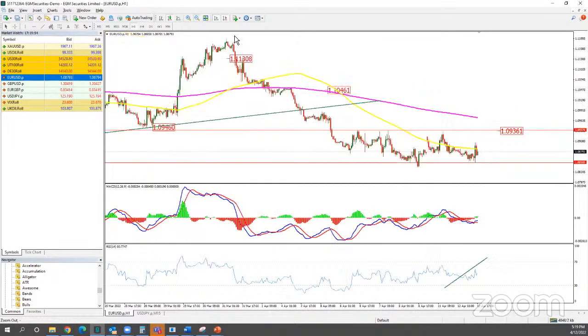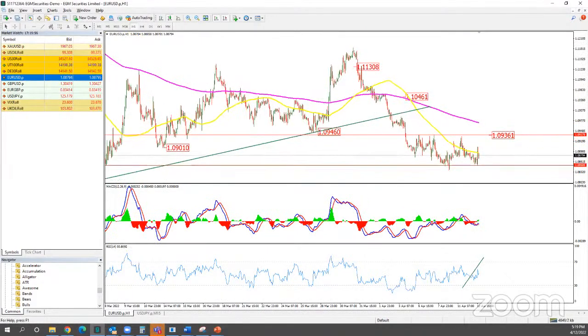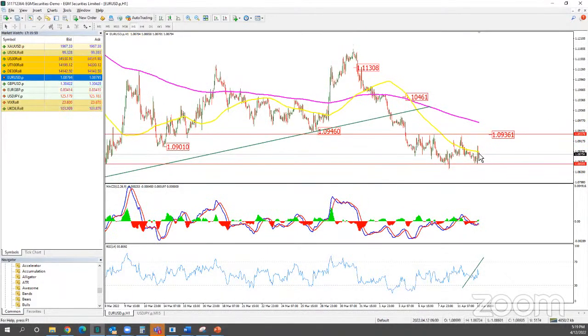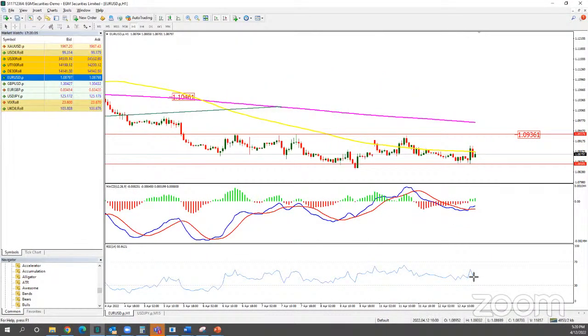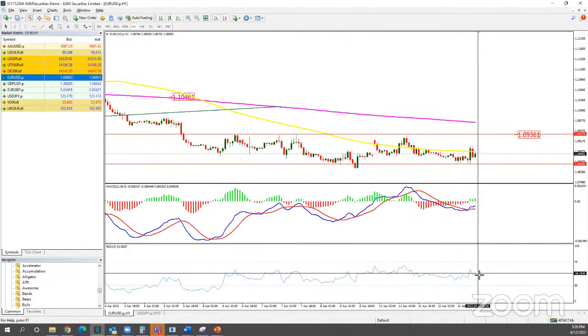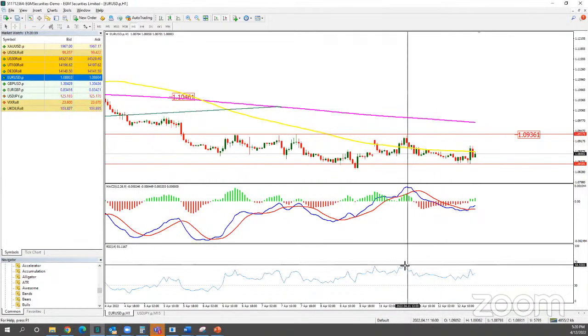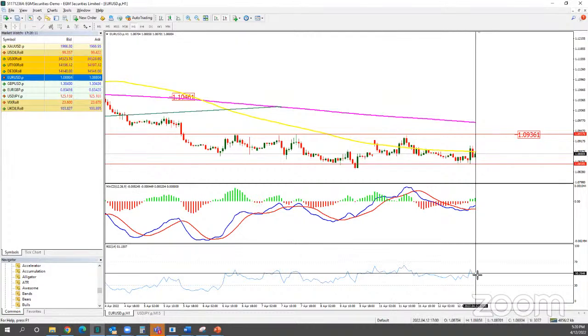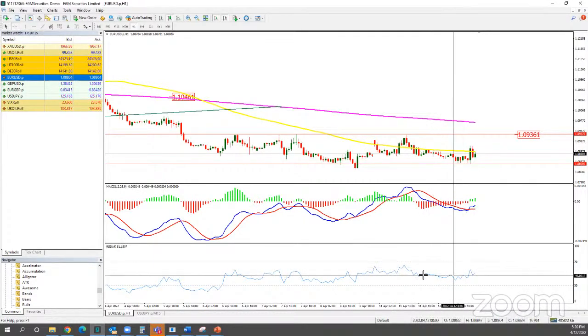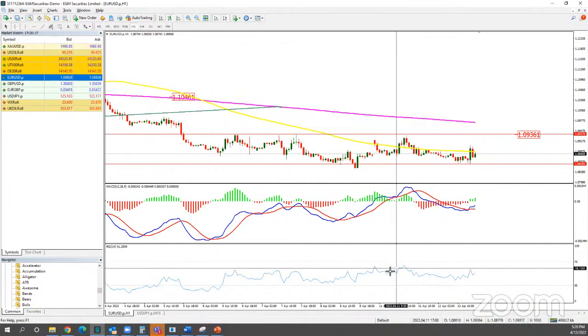However, I'm more biased to the downside. Why is that? Because first of all, if you look at the RSI, basically it's near the 50 mark, but still we're not seeing any kind of oversold territory happening. And also there are many highs happening.